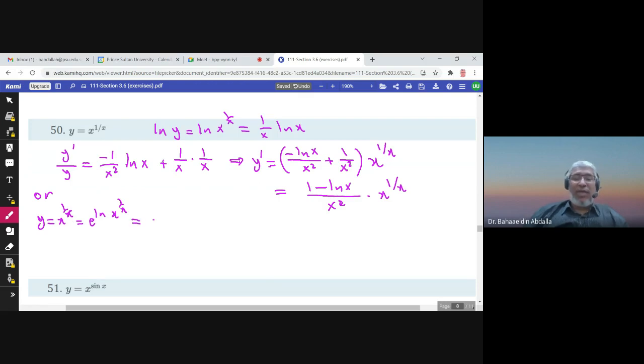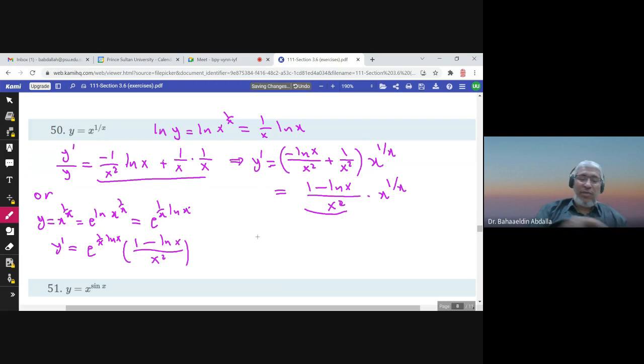And now you can take 1 over x outside the ln, and now you can find y prime. It is e to the power (1 over x times ln x) times the derivative of (1 over x) ln x. Okay, and the derivative of (1 over x) ln x is this one, or this one, or this one. So you can write it (1 minus ln x) over x squared, and you get the same answer.